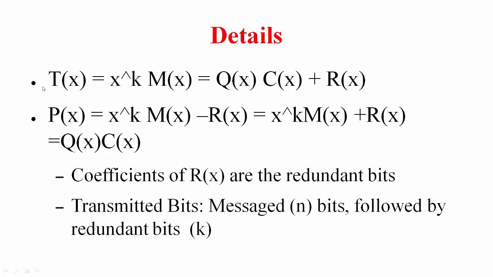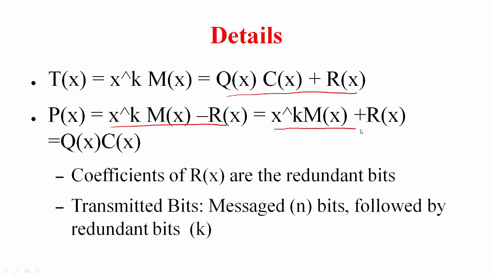So the same thing is shown here. So the Tx is x to the power of k multiplied with Mx. This is QxCx plus Rx because this is polynomial division. This is how I'm expressing it. Now Px is, from Tx you are subtracting Rx, so this is what it boils down to. And remember, arithmetic additions or subtractions are the same when you do modulo 2.